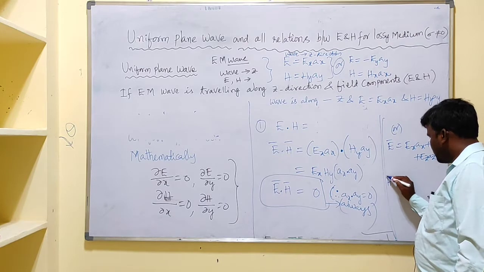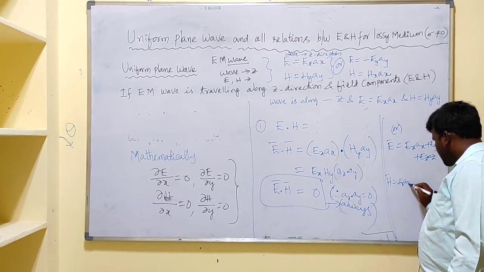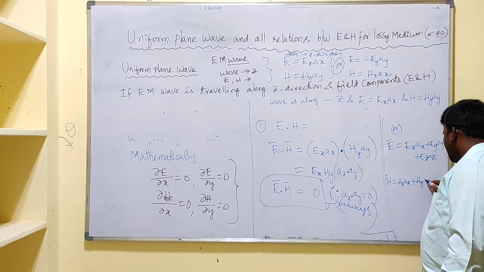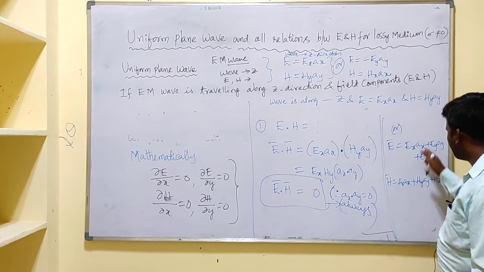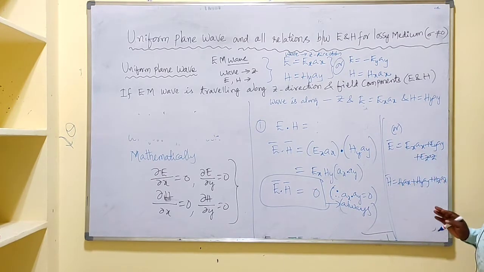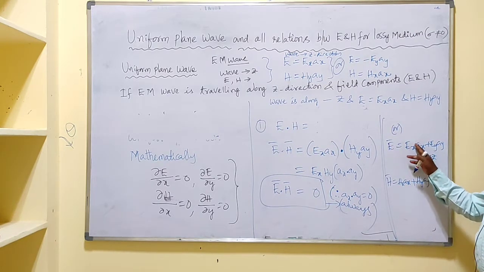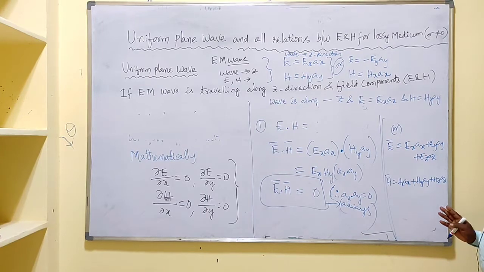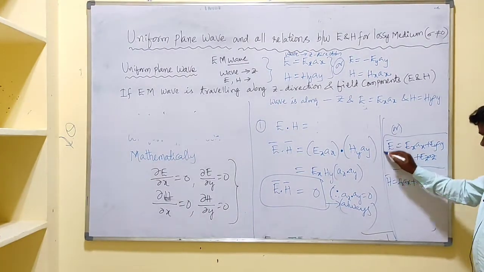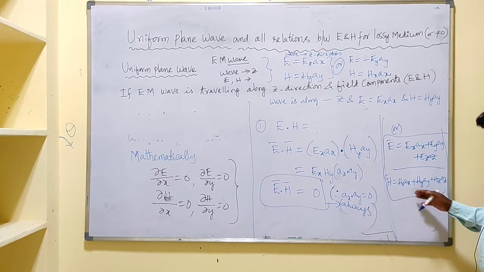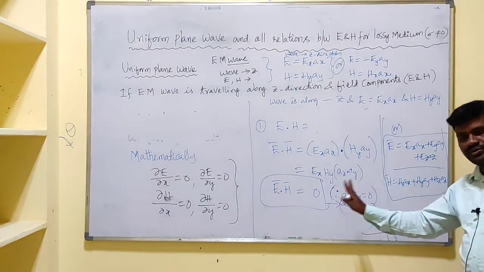Next, H can be taken as Hx Ax plus Hy Ay plus Hz Az. If you simplify this, Ax dot Ax is 1, Ax dot Ay is 0 and Ay dot Ay is 1, and if you go through the lengthy derivation, finally it gives 0 only.